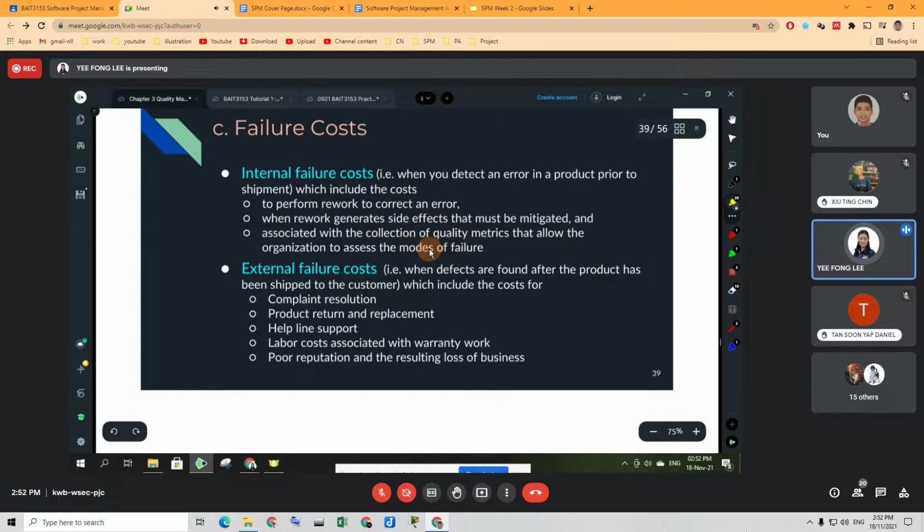Sometimes the defective product or material cannot be repaired, cannot be used, cannot be sold. What does it mean? They need to spend another portion, because the quality is too low to be reused or repaired. That's under internal failure costs.